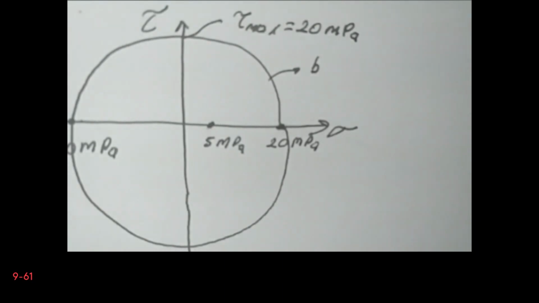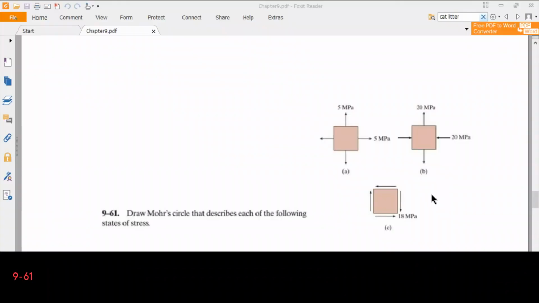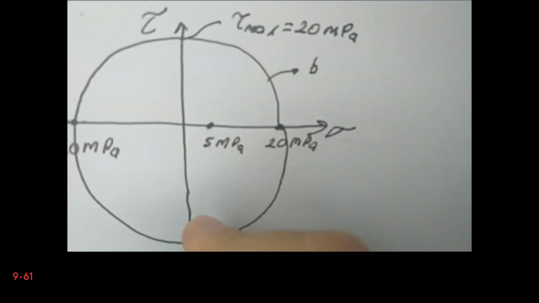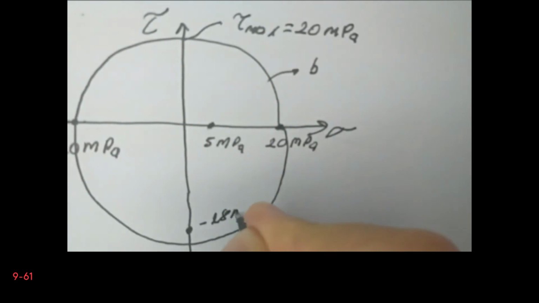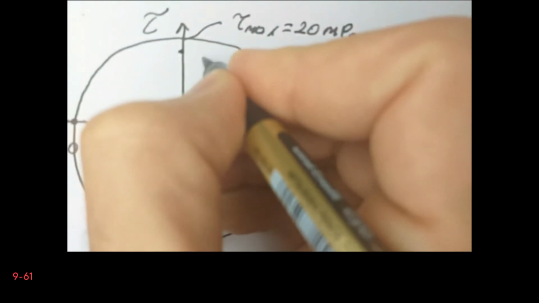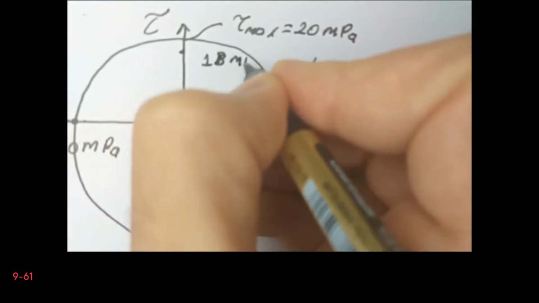Now for the third case we have only shear stresses, so it's negative, but doesn't matter. In fact, we don't have any normal stress, so the normal stresses are zero, which means that we have one negative here, minus 18 megapascals, and the other one is positive, again 18 megapascals, because we have just the shear stresses.